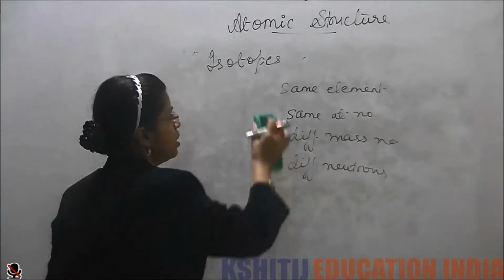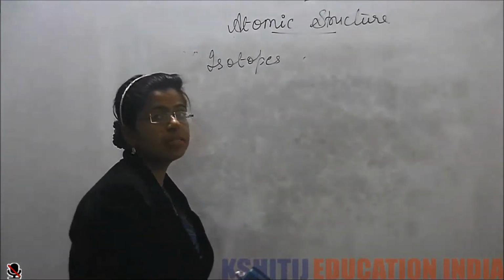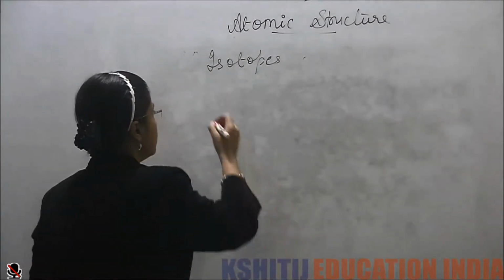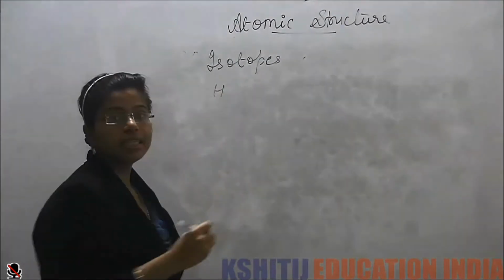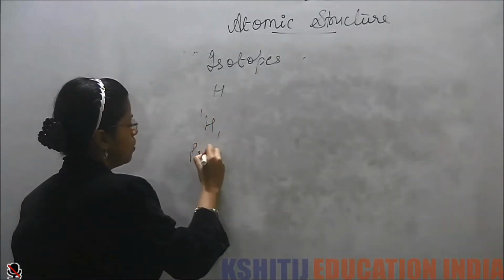For example, the most common example of isotope that is considered is for the hydrogen. The hydrogen exists in three forms. This is called protium.